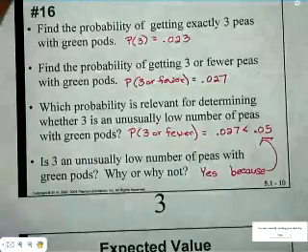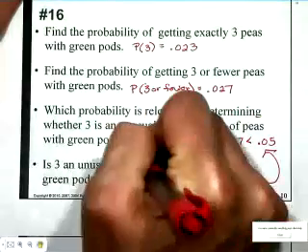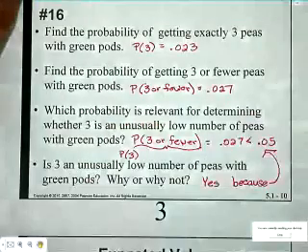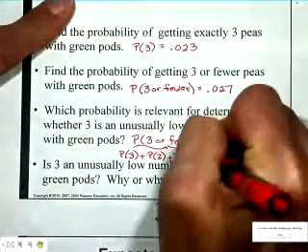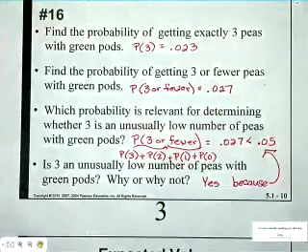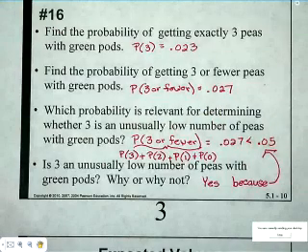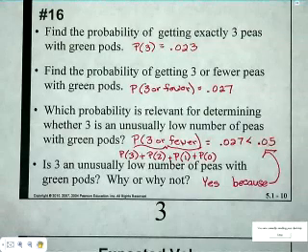The probability of 3 or fewer is the probability of 3. What does OR tell you to do? Plus the probability of 2, plus the probability of 1, plus the probability of 0. Because the probability of 3 might be less than 0.05, but the probability of 2 might be high.